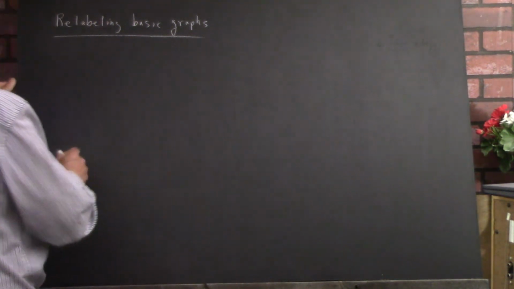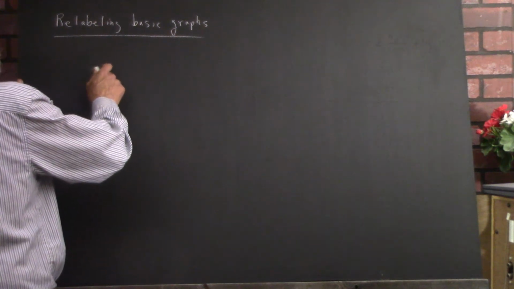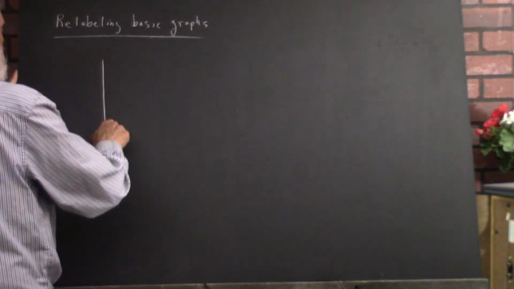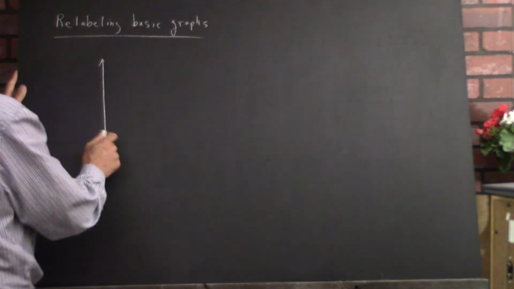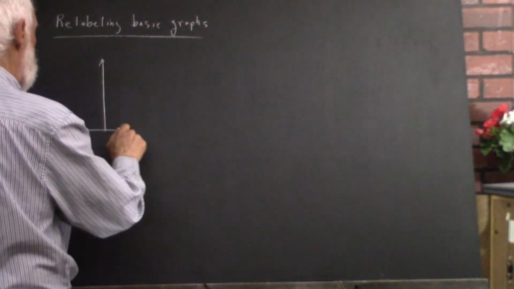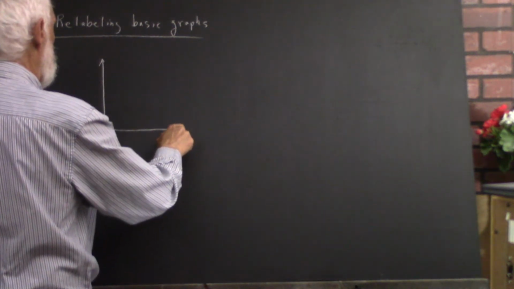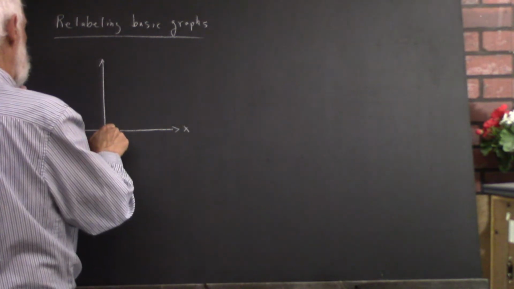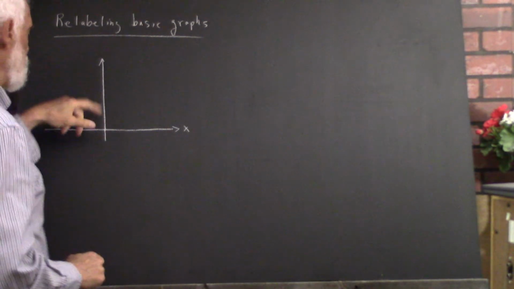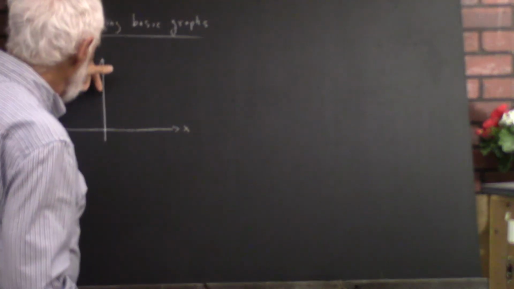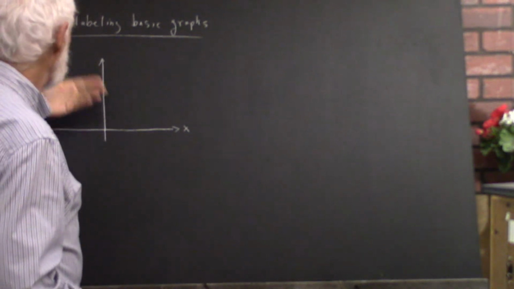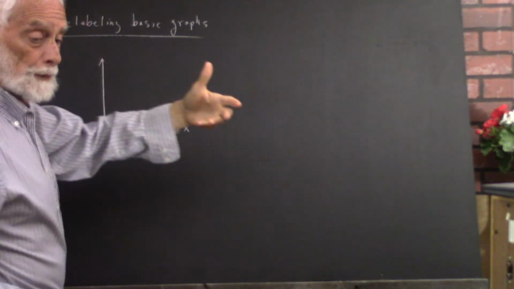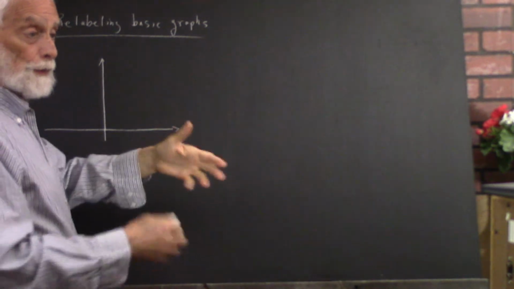So here's a basic graph of the squaring function. I'm going to start by drawing a y-axis and an x-axis. I didn't draw the y-axis below the x-axis because, of course, the squaring function has a range of values that are all positive.